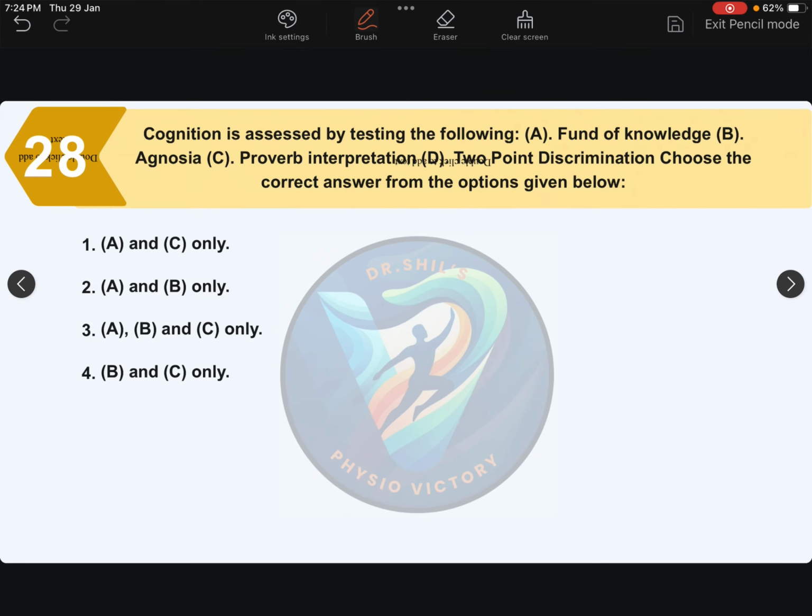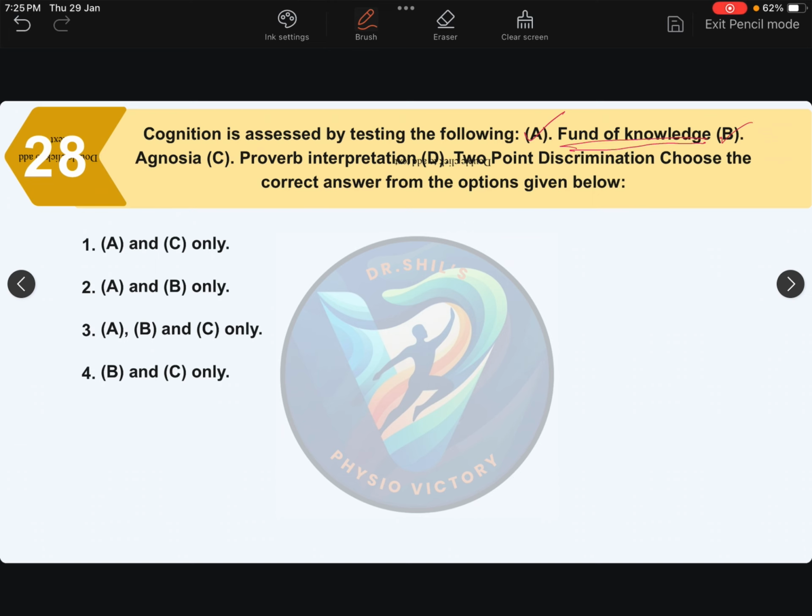Next, come to question number 28. Cognition is assessed by testing the following. These are parts. Option A is fund of knowledge.